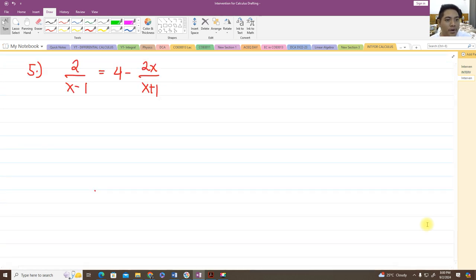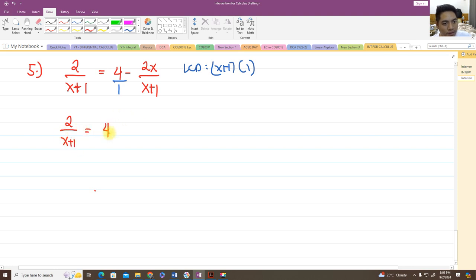Alright, so for number 5, we have 2 all over x minus 2 all over x plus 1, equals 4 minus 2x all over x plus 1. So obviously, the LCD of this would be x plus 1 times 1 because of 1 here, but still x plus 1. So technically, we are going to multiply this whole equation by x plus 1 to eliminate the denominator.